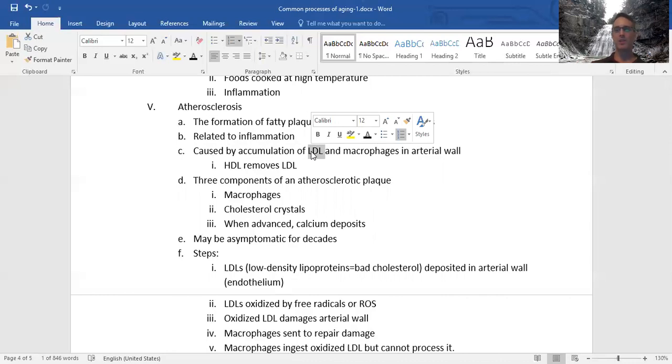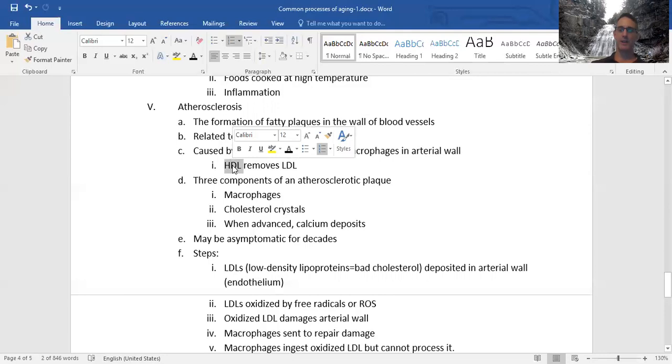Okay? This is why we want to control our blood lipid or cholesterol levels. Now, HDL, high density lipoprotein, is the good cholesterol, and it actually helps to eliminate the LDL. The HDL actually doesn't have cholesterol in it. What it does is it goes around, picks up the cholesterol from all the LDL, and takes it back to the liver for processing.